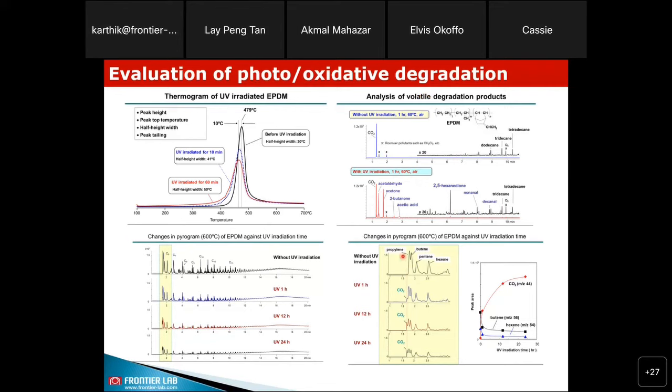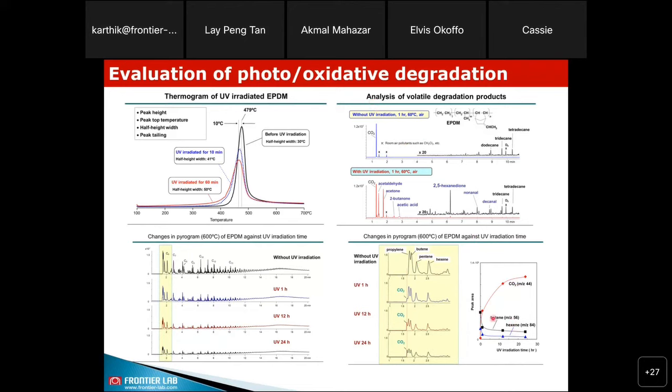You can also do the pyrogram after the UV light exposure. In this case, without UV radiation, you have strong peaks for the monomer propylene and also butene. But with UV light exposure, you can see these compounds disappearing and an increase in CO2. That means it is sensitive to photo-oxidation or sunlight.